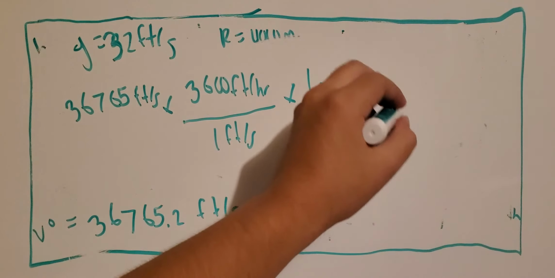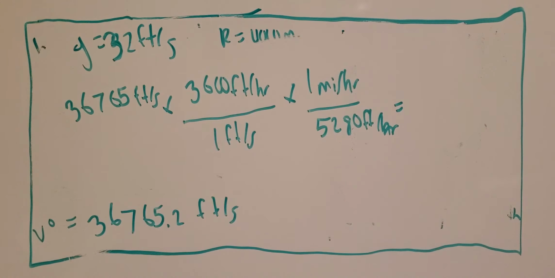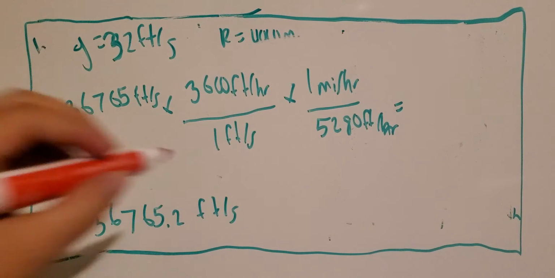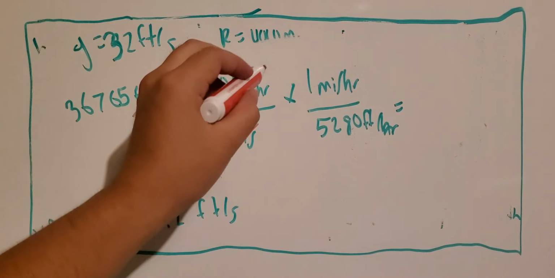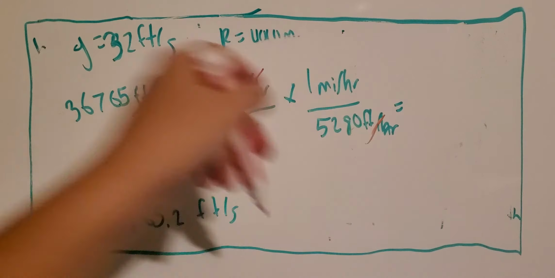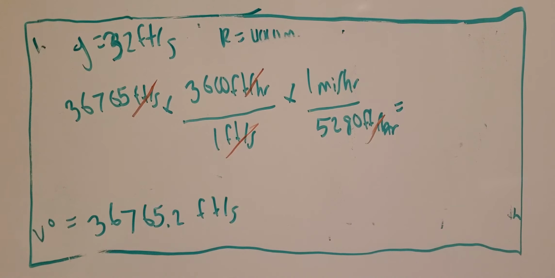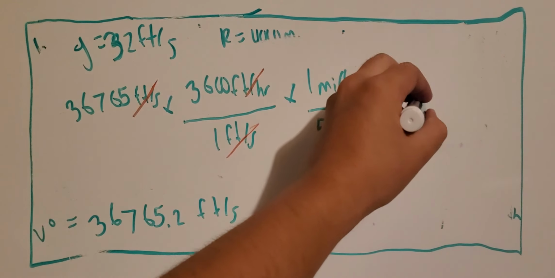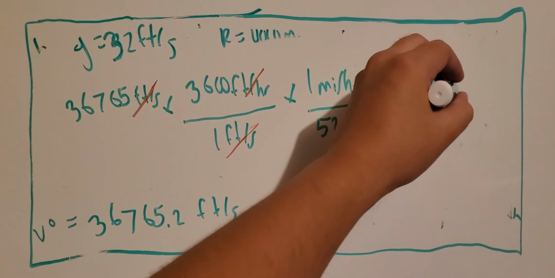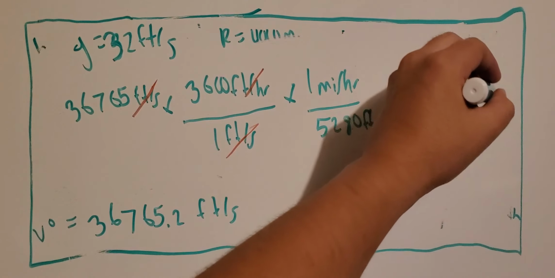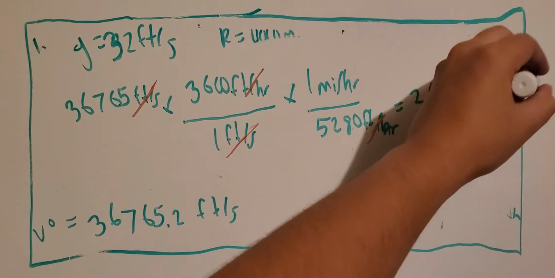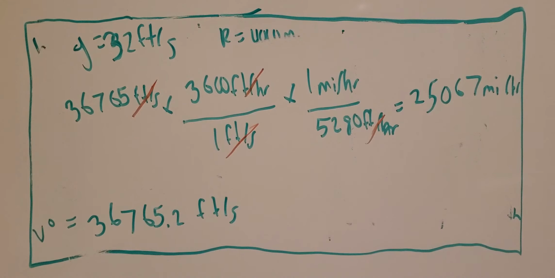We just cancel these things out. You want it to be miles per hour, so that goes in the top right part, which will be 25,067 miles per hour. And so this is part C of the problem.